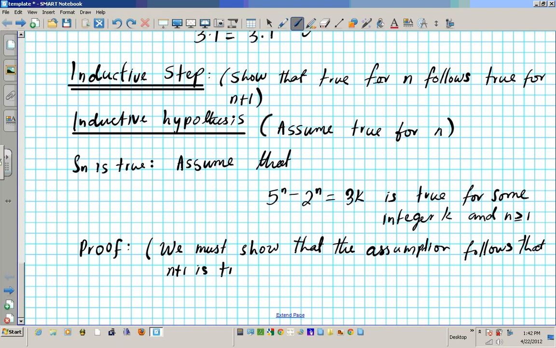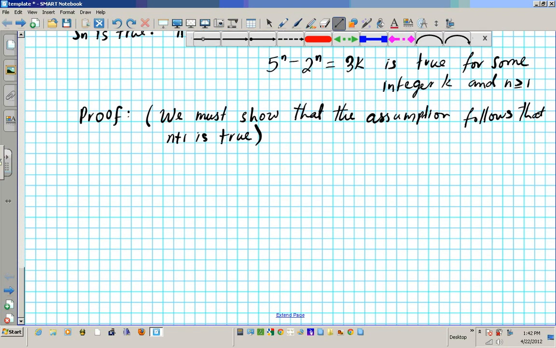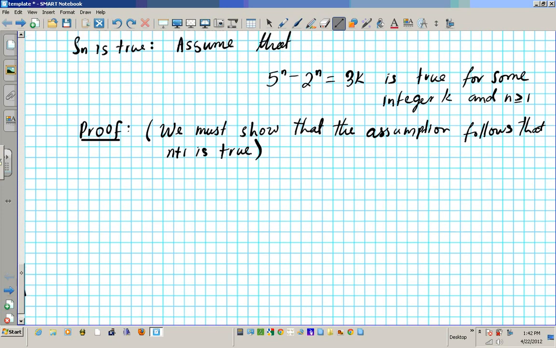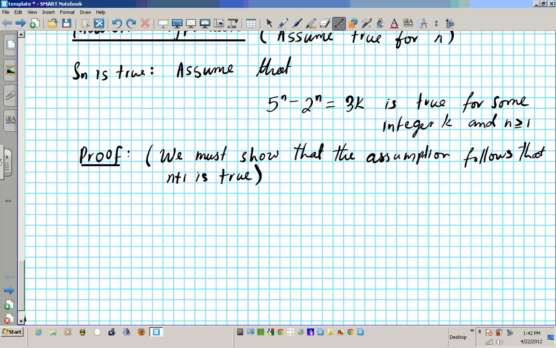Okay, so if you can do this, then we are done. All right, so let's do this. What is that going to look like, this component right here? We want to just basically show that this statement follows that Sn plus 1 is true. So if we can show that Sn plus 1 is true, we're done, because the pattern will keep having that domino effect of going on and on forever.